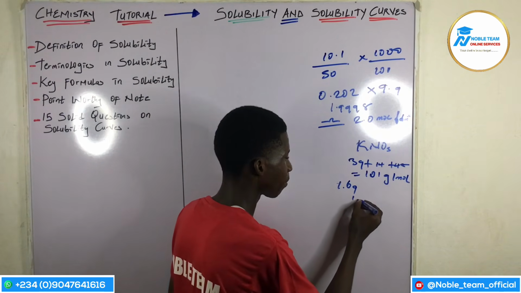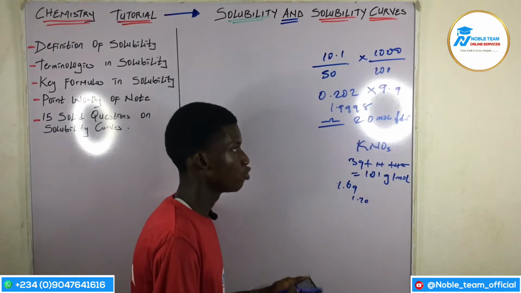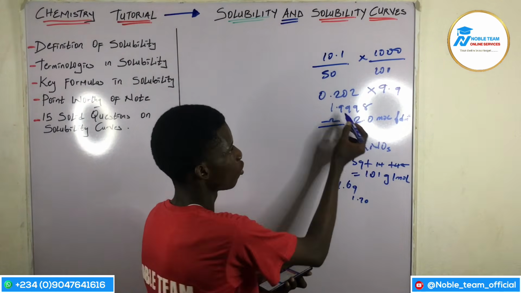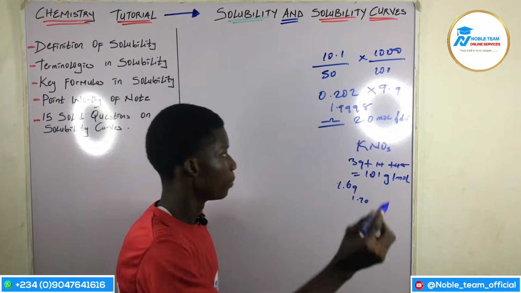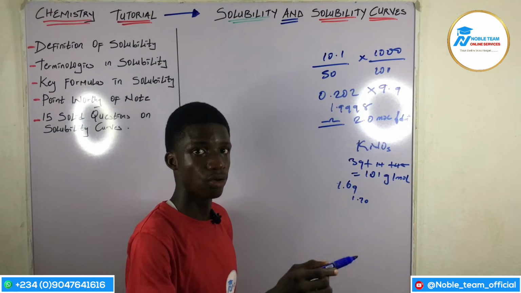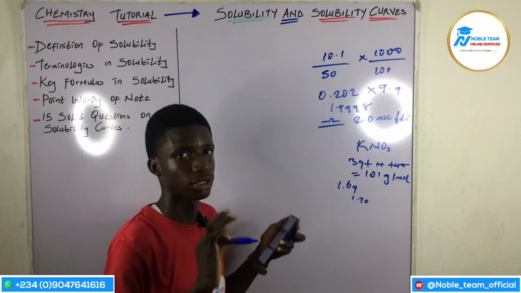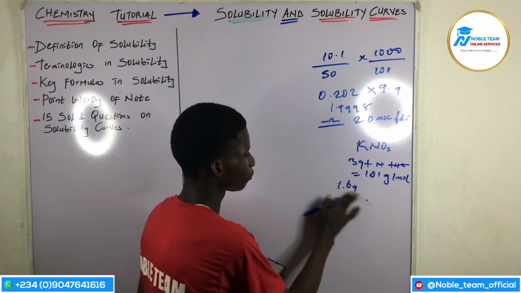It's going to be 1.70. It's not going to be 1.69. Coming to this, 1.999999 and so on, if I approximate it, it's going to be 2.00 grams. This is what I mean. It is always in 2 decimal places.